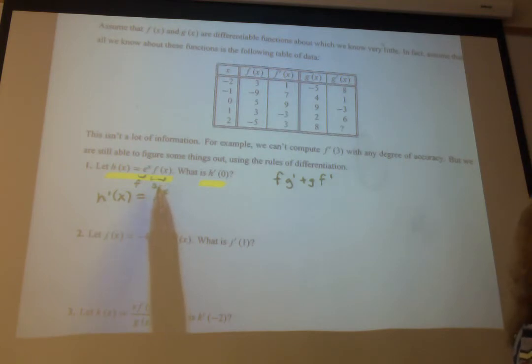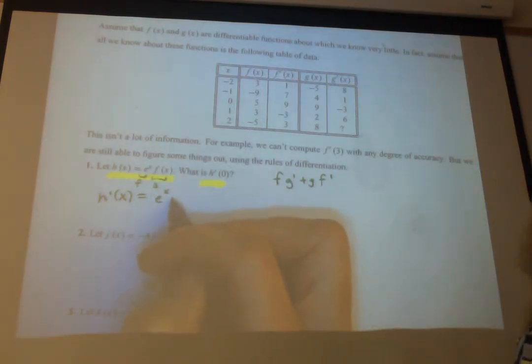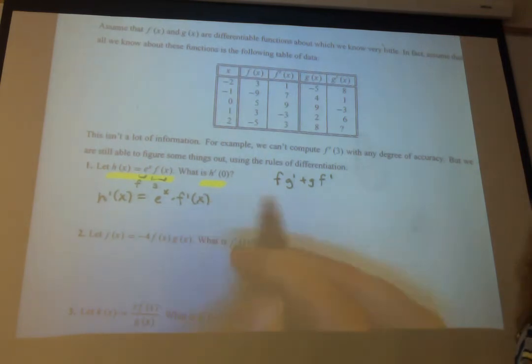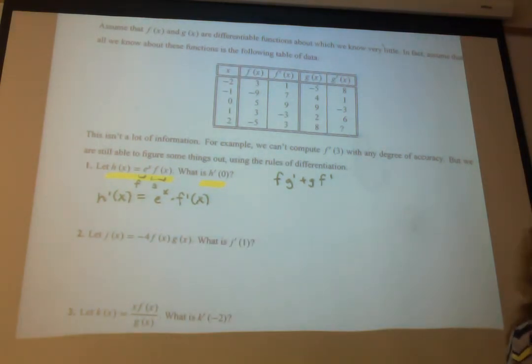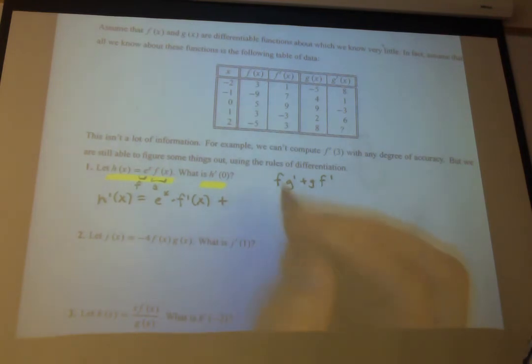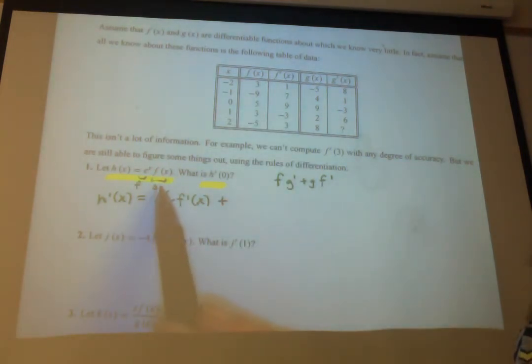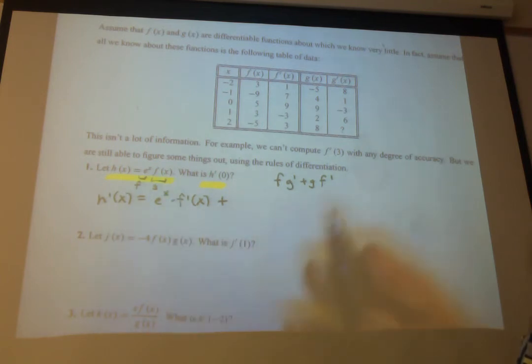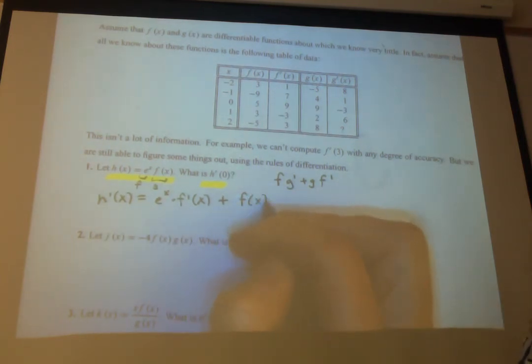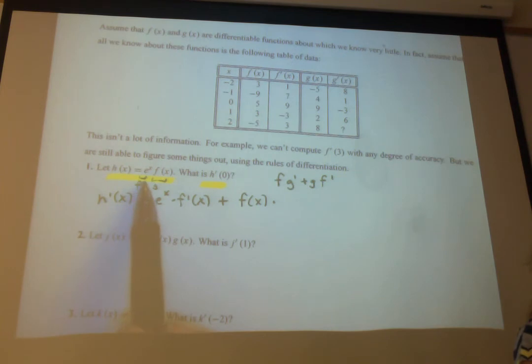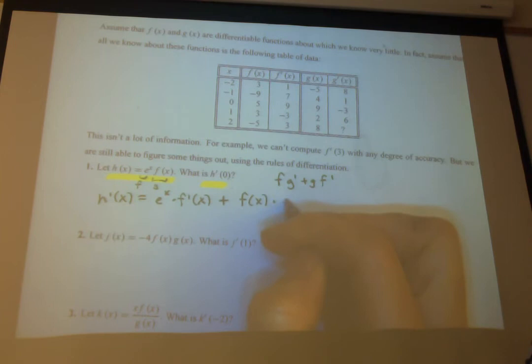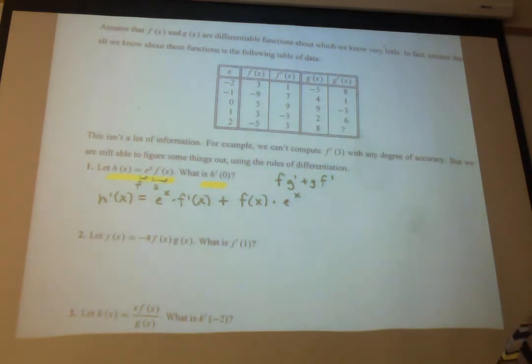I don't know specifically, but I could say it's f prime of x, correct? I don't know what f of x is, but its derivative is definitely f prime of x. Plus, now g stays the same, which is f of x, times the derivative of that first function, which happens to stay e of x. Okay, so there is the derivative.